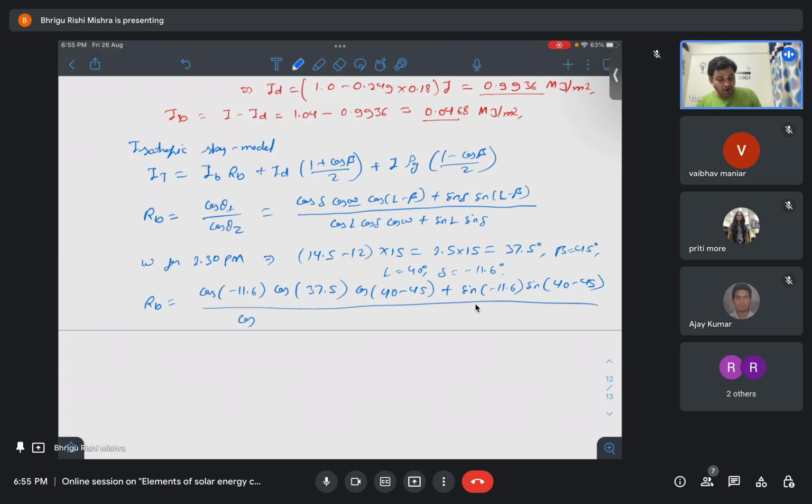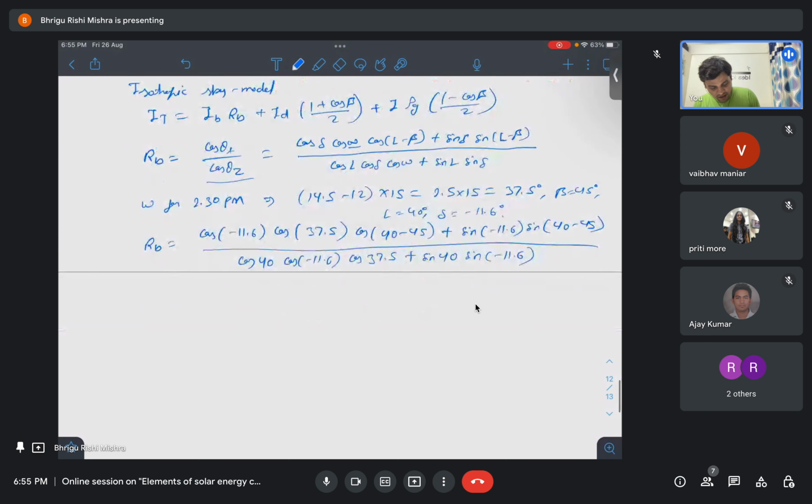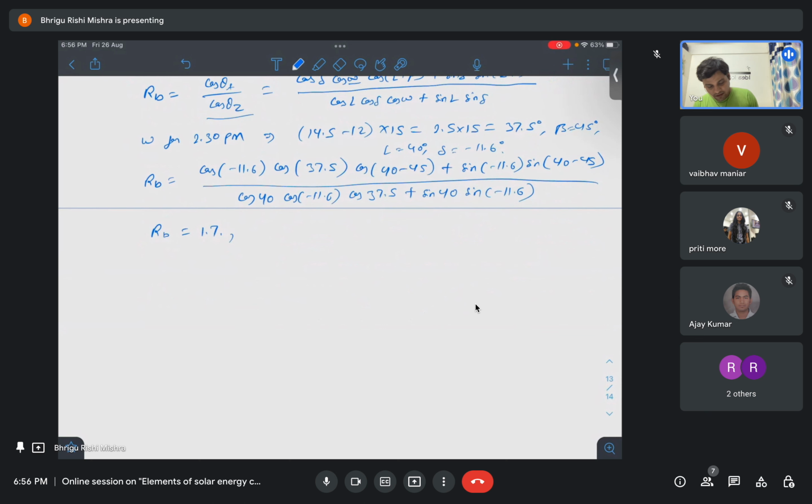Now here for the bottom we don't need to replace L with L minus beta, since we are calculating it for the horizontal, that means for the zenith cos theta z. So it is simply cos 40 cos(minus 11.6) cos 37.5 plus sin 40 sin(minus 11.6). So if you calculate RB, it comes around 1.7.